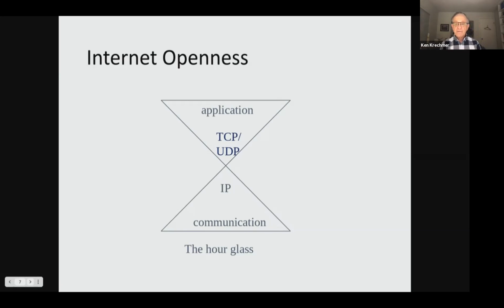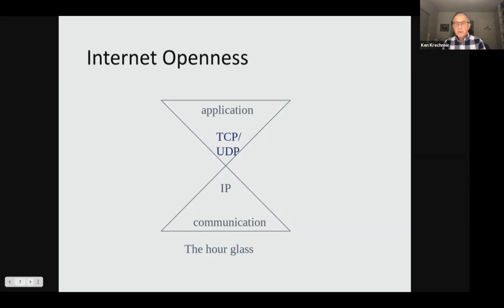So the 7 layers of compatibility that occur in an OSI model: the physical layer, the data link layer, the IP layer, the TCP UDP layer, layer 4, layer 5 is the session layer, layer 6 is the presentation layer, and the top layer, layer 7, is the application layer.